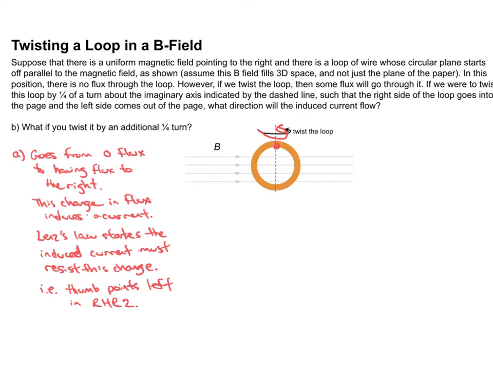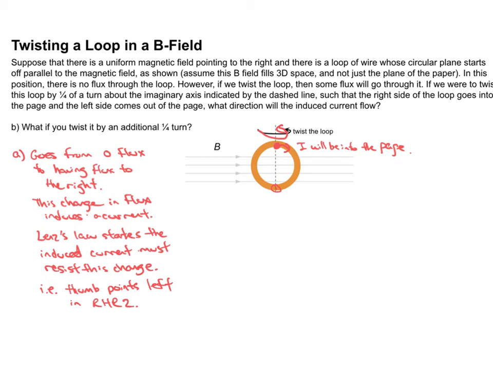If I look at this point right here, after this has been twisted, it's really hard to describe because it's 3D, but after this has been twisted, the current will be into the page. And it would loop around, and down here, it would come out of the page.